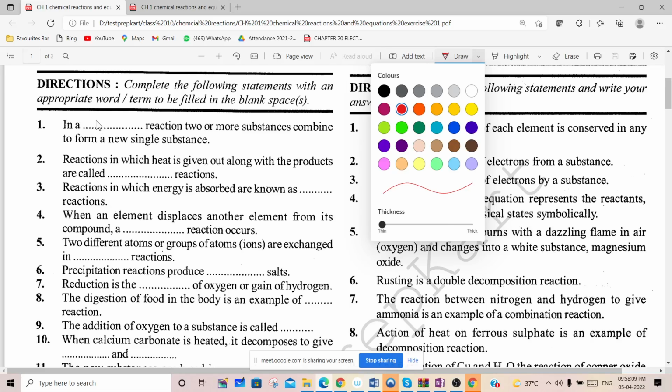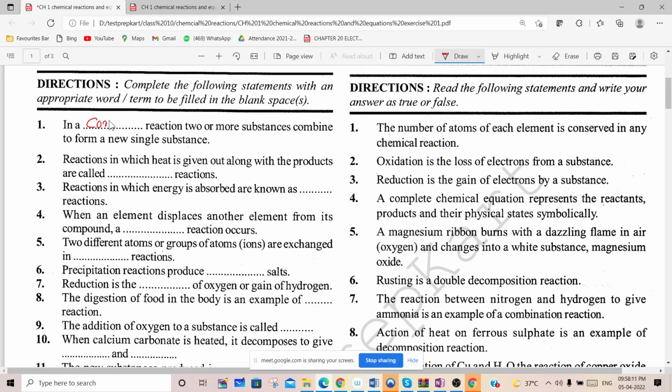In a combination reaction. Next, the exothermic reaction. Exothermic. Next, endothermic reaction. Endothermic.